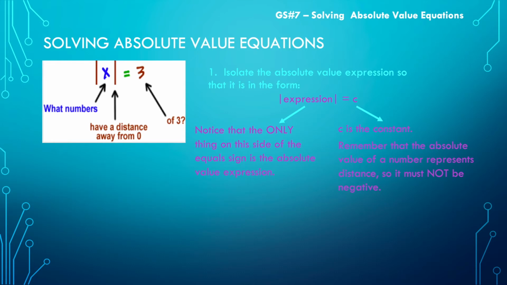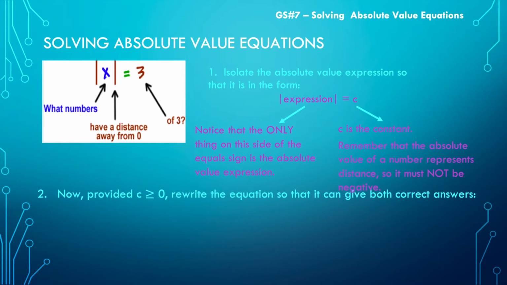So it's important that when we have the equation in this form, c is not negative. Now, provided that c is greater than or equal to 0, we are going to rewrite the equation so that it can give us both of the correct answers.